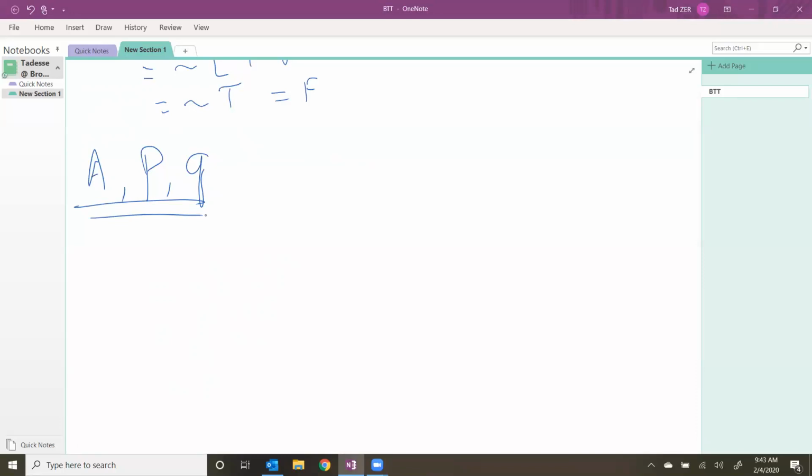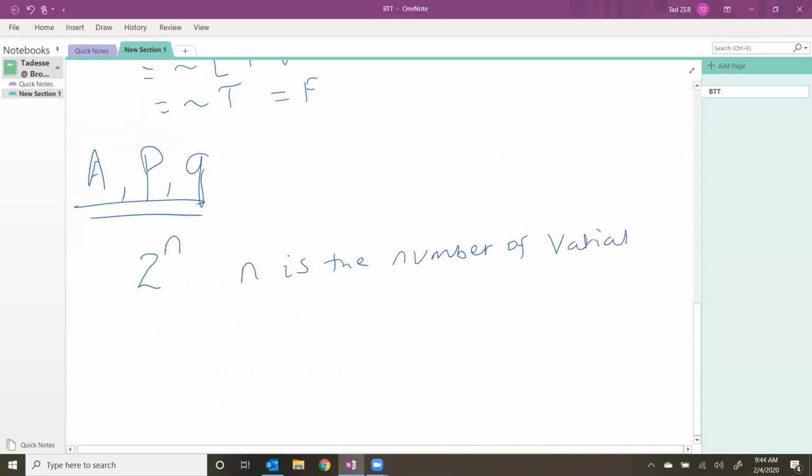Do we have any technique? How many rows should we expect? The answer is very easy. So you go by this formula, 2 to the power of n, where n is the number of variables or statements.